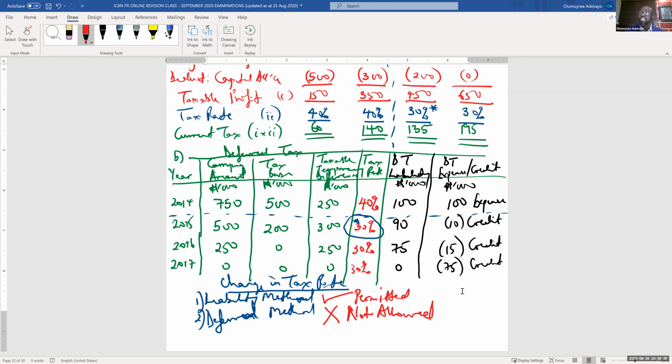Everything has been shared. I think probably you could speak to one or two of your colleagues to forward it to you if you are not in the group. But if you're in the group, you can access that material there.